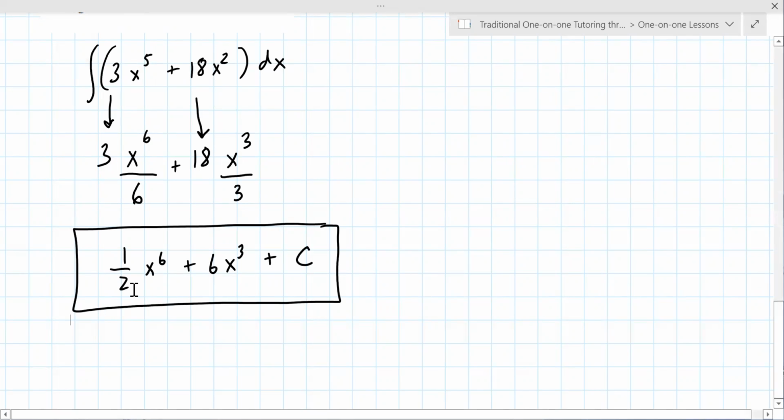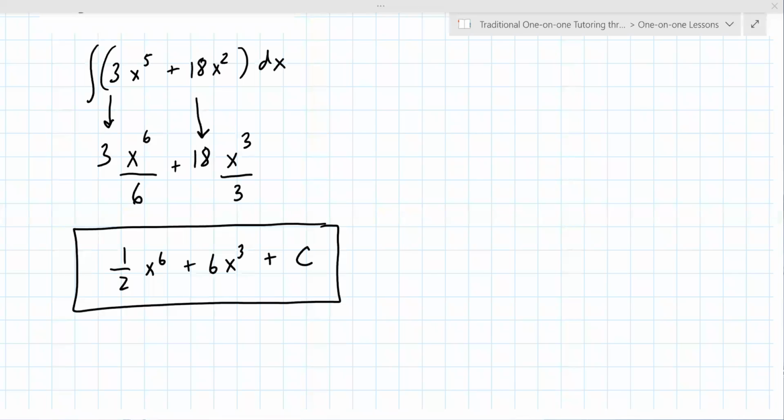So if you were to take the derivative of this, you would actually get back to the original. So you might think, okay, I've got it, you know, lesson's over. They do get more difficult. Oh, I'm sure.